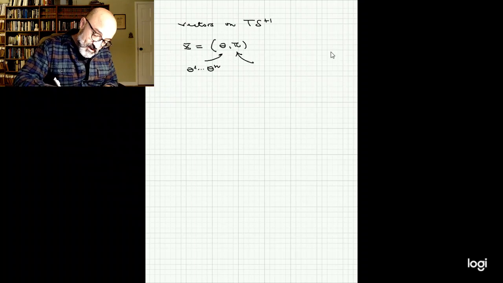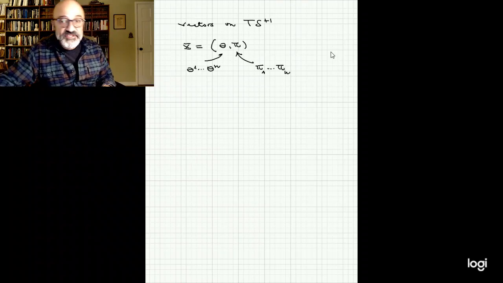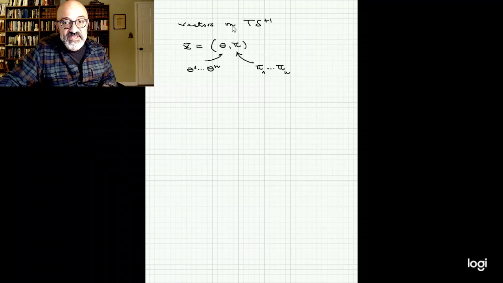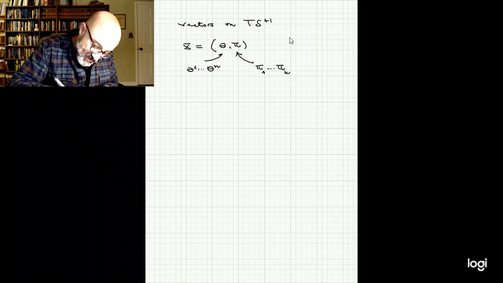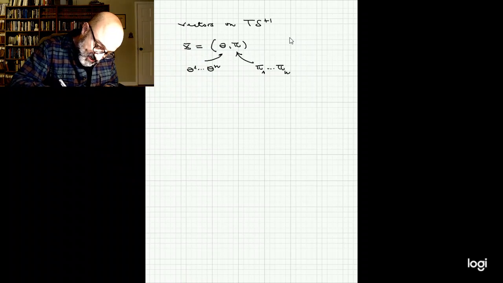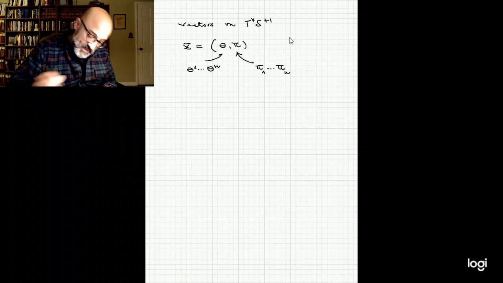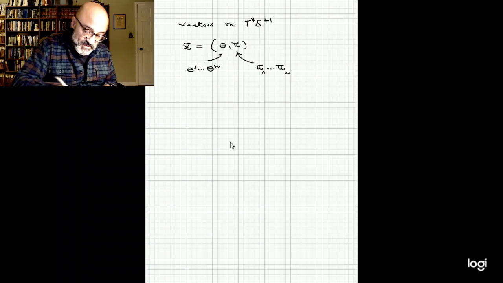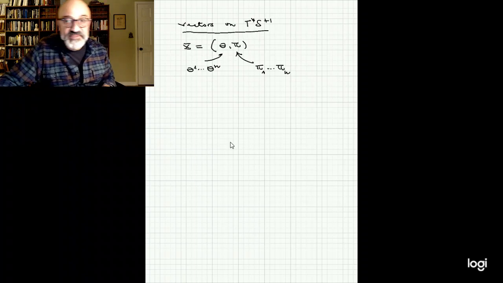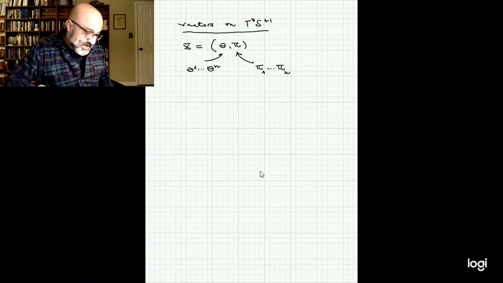Pi are the coordinates of possible covectors on each tangent space. So you can fix a point in this space. This is the space of interest, the cotangent bundle.